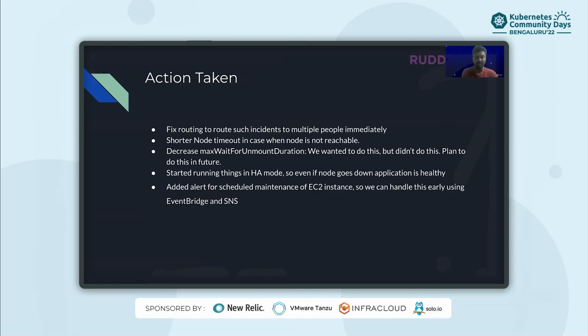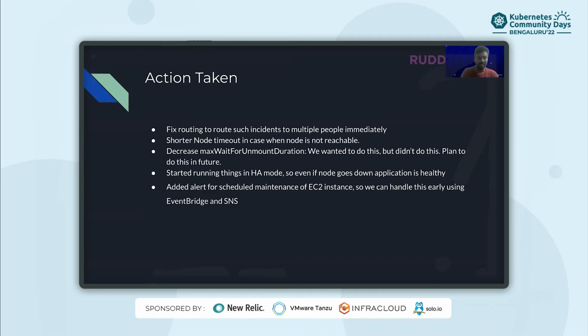So one safe option is to kill it much quicker. We also tried to change the max wait for unbound duration. This should help in the detachment of volumes and so on. But when we tried doing this, it felt a little complicated and we faced some blockers there, so we didn't do that. But we have some workaround for this part.